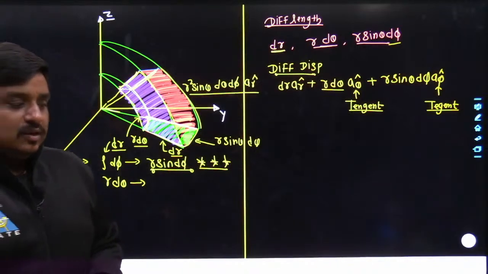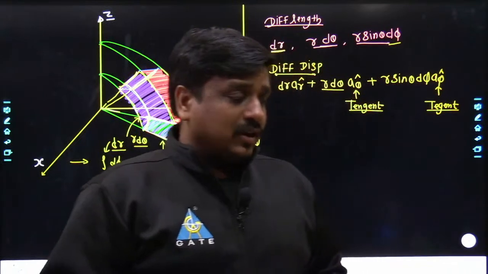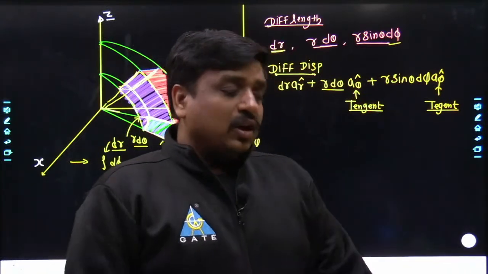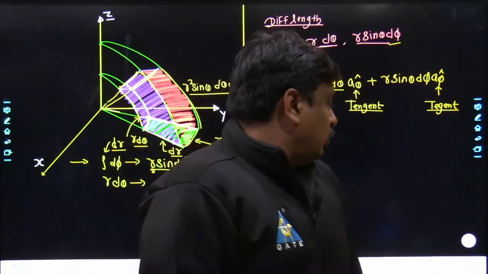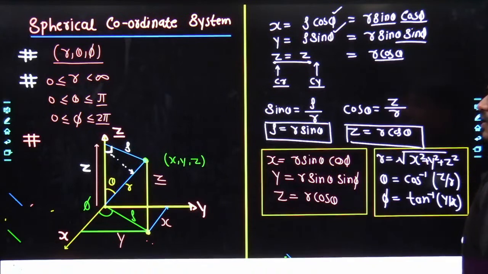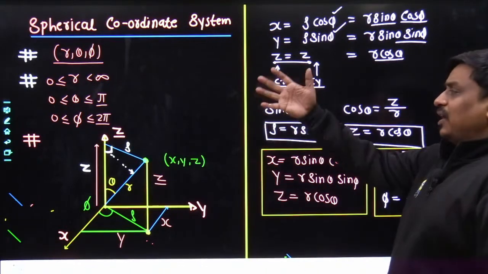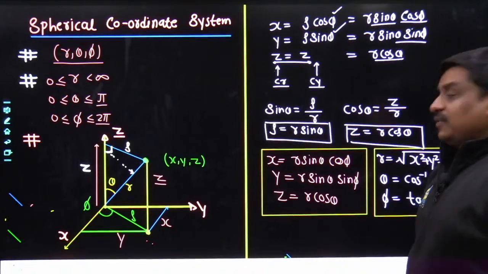Yes, my dear friends. Now, before going forward, I would like to ask if you guys have any sort of doubt, you can put it over the live chat. Any sort of doubt, like you could not relate between the Cartesian to spherical coordinate system, the differential length which we have taken, the range of r theta phi, the differential volume, or the differential surface which we have taken.